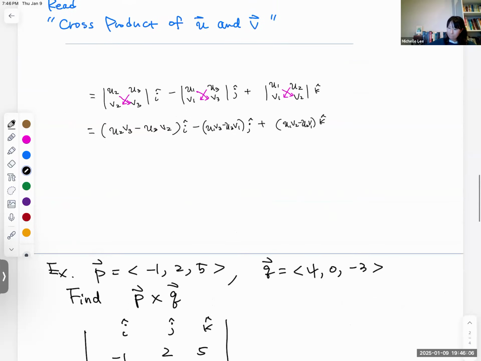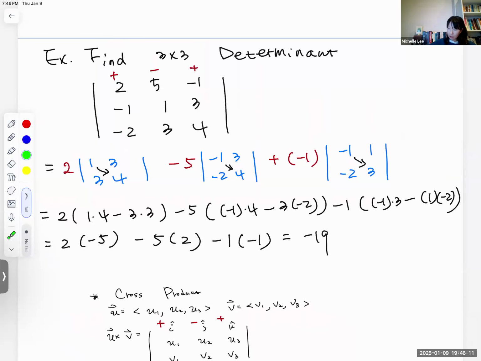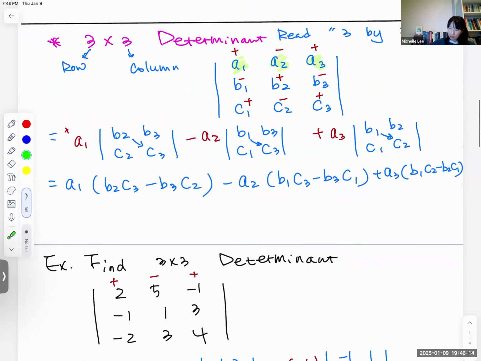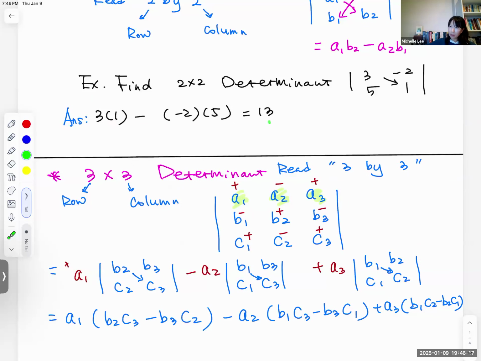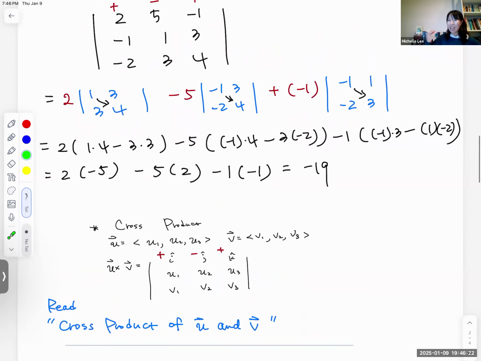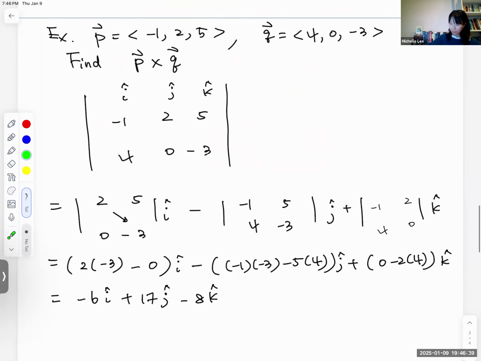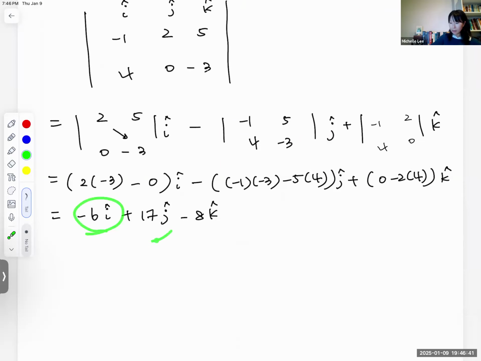Earlier, 13. But then cross product actually gives us the vector, right? But we are using same processing with the 2 by 2 determinant, 3 by 3 determinant method, right? So cross product gives us the vector. Negative 6i, 17j, negative 8k.